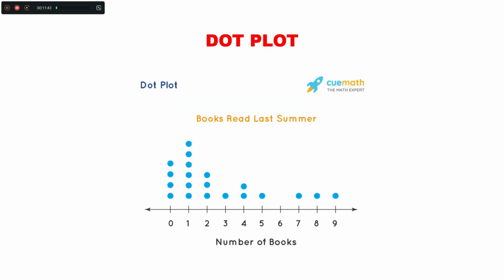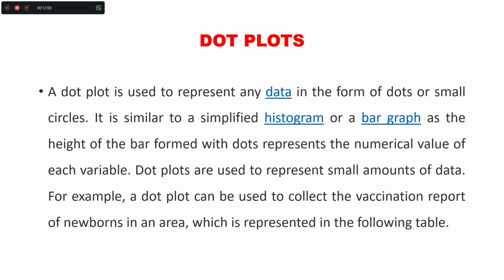And next is dot plot. A dot plot looks like this. It is one of the forms of histogram. But here, instead of making a rectangular bar, we plot dots. A dot plot is used to represent data in the form of plots or small circles. It is similar to a simplified histogram or a bar graph, as the height of the bar formed with the dots represents the numerical value of each variable.